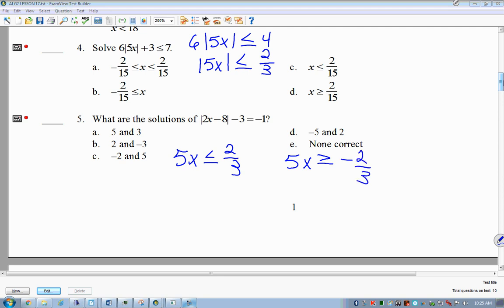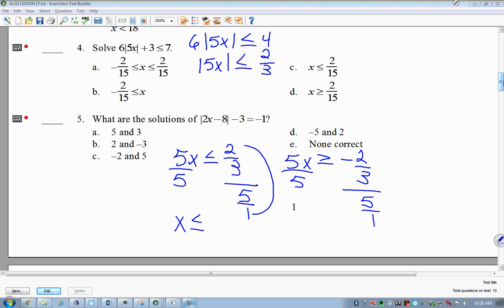Okay. Now, what do I need to do with both of these? I'm not done yet because I haven't solved for x. What do you think, Danielle? Divide by 5. On both. Okay. Now, to maybe simplify this in your head, 5 is a fraction over 1, right? So, in the end, I'm multiplying by the reciprocal because I can't divide by a fraction, correct?